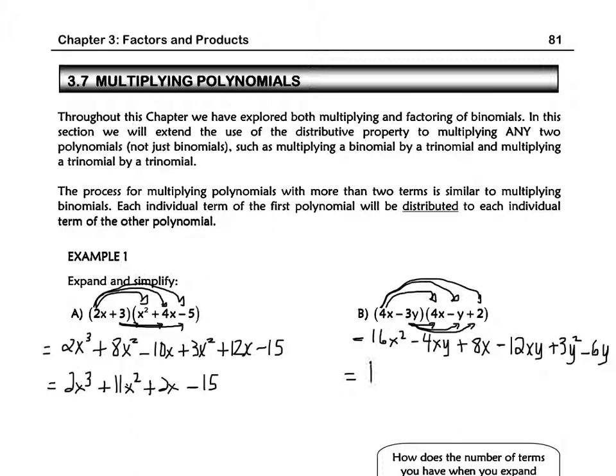I would probably start off with the x squared term, and then I would probably go to the x term, and then I'd go to the combined xy term, which is, there's two terms there with the combined xy, that would be minus 16xy, and then kind of work down to the y squared term, so that would be then the y term, or work up to the y squared term if you want, and then the last term is 3y squared.